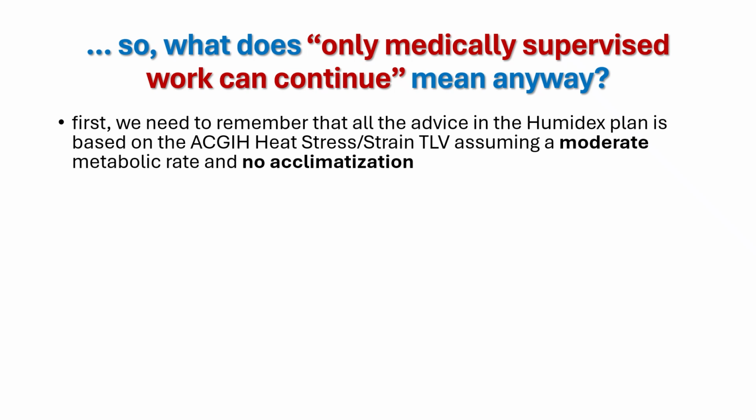Well, first we need to remember that the advice in the Humidex plan is based on the American Conference for Governmental Industrial Hygienists, or ACGIH, heat stress, heat strain TLV, or threshold limit value. And it assumes a moderate rate of metabolic activity and no acclimatization.